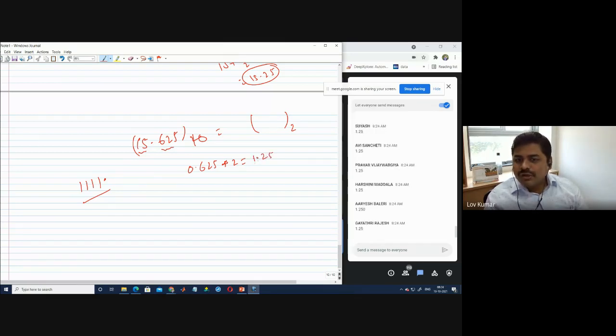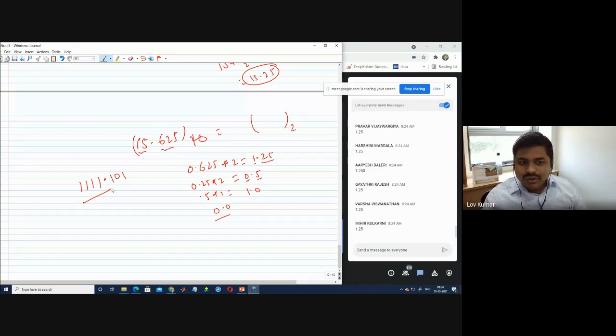If we are getting 1.25, this is 1, so we have to write 1 here. And after removing 1, what value are we getting? 0.25. 0.25 into 2, what value will we get? 0.5. Again, we are getting 0, so we will write 0 here. Again, 0.5 into 2, what value are we getting? 1.0. Again, we will write 1. And after that, when we are getting 0.0, we will stop here.